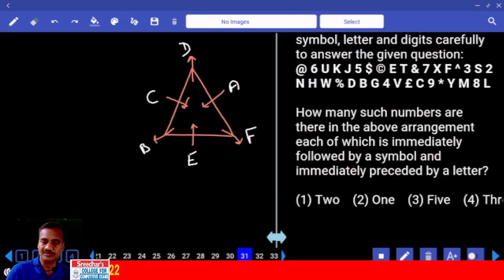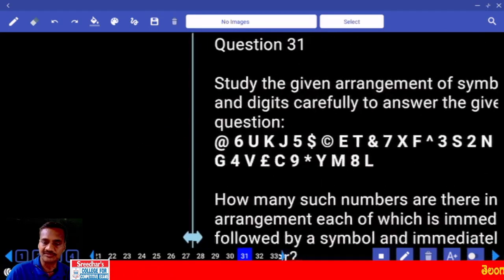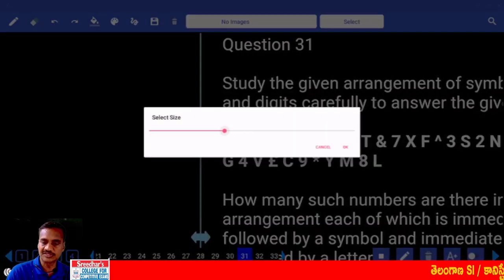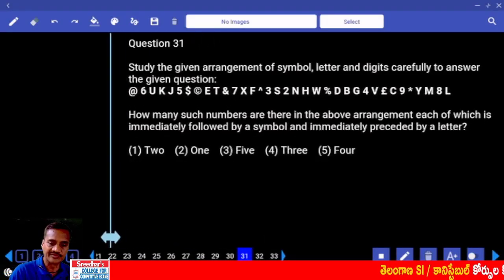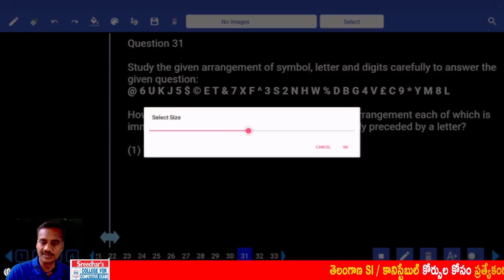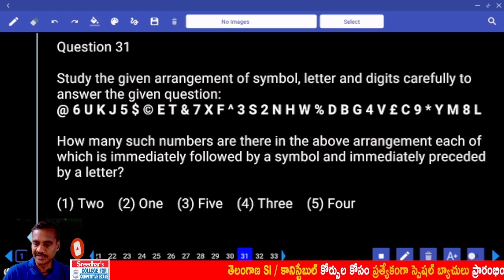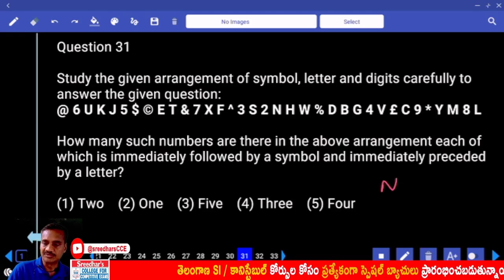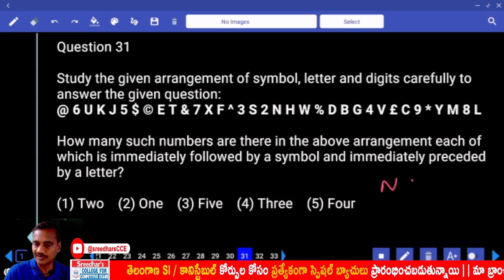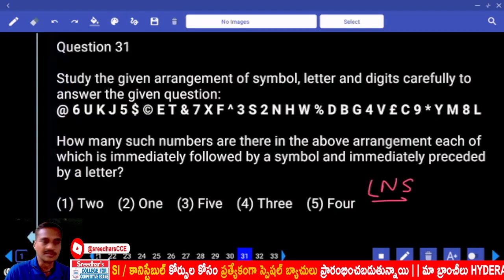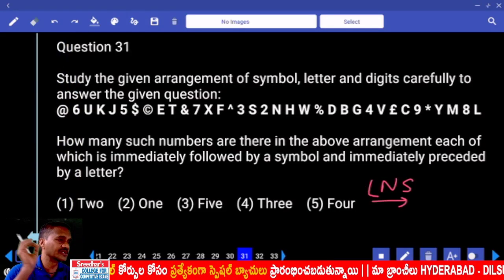The next one, 31 onwards. Now in question number 31, sequence. First or second priority sequence? Definitely first priority. Now here in this sequence, you are talking about a number. How many such numbers are there, each of which is immediately followed by a symbol and preceded by a letter? The sequence must be letter, number and a symbol.